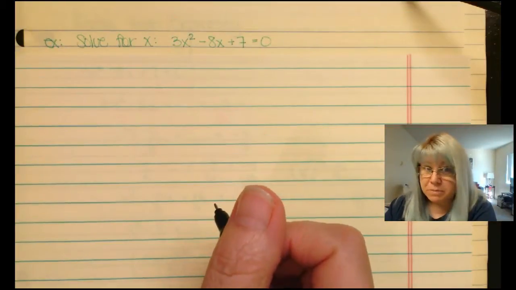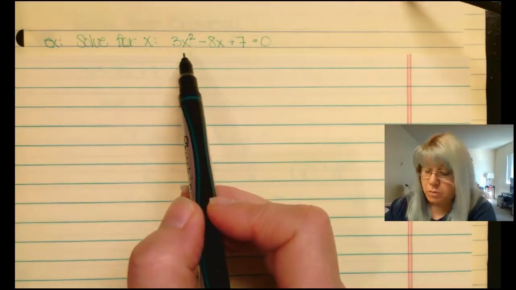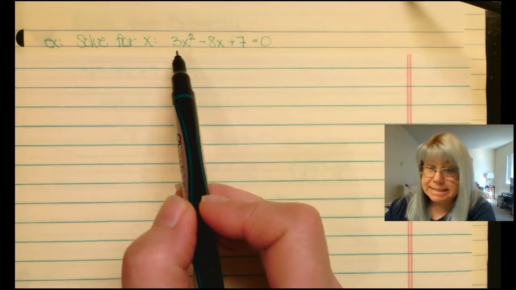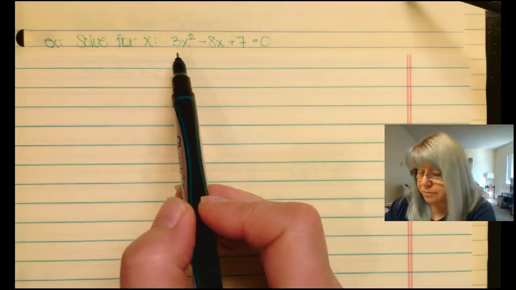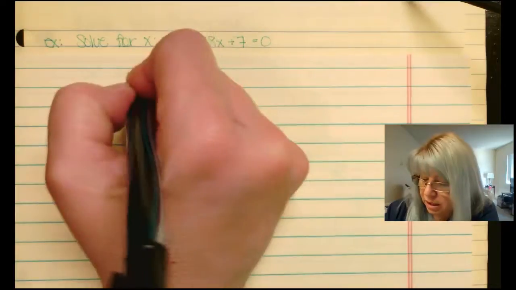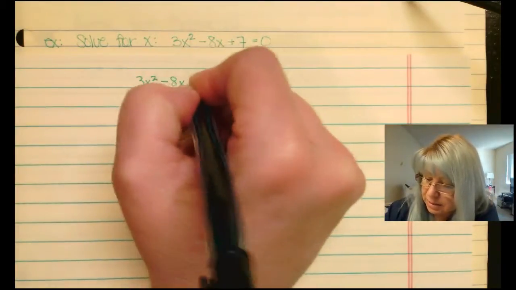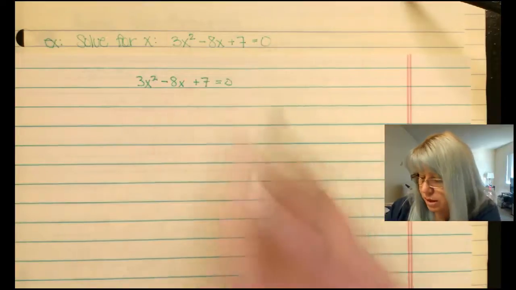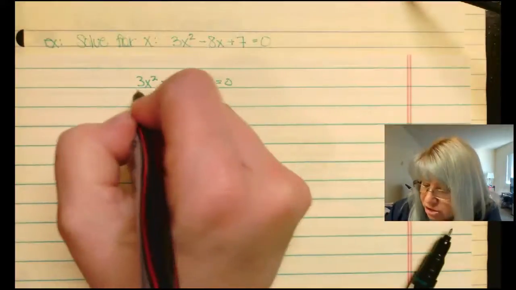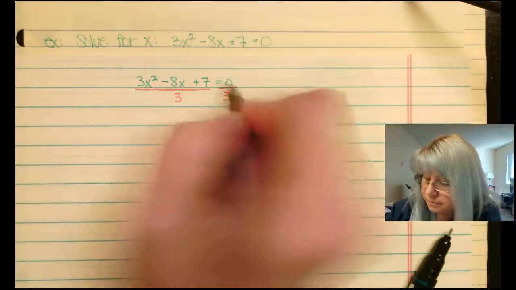In the previous problems, the coefficient of x squared, the quadratic term, was a 1. In this case, it's not, and we do have to deal with that. So let's go ahead and divide each of the terms by 3. 3x squared minus 8x plus 7 equals 0, and I'm going to divide each side by 3.